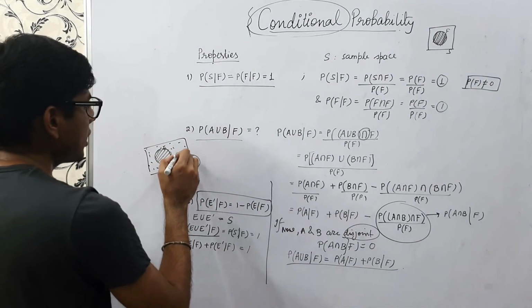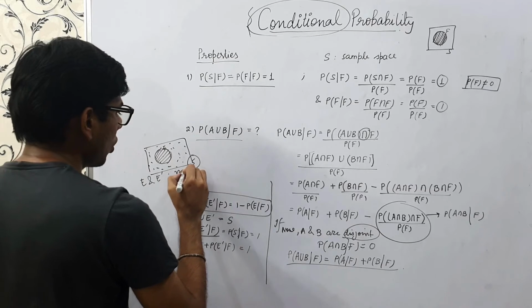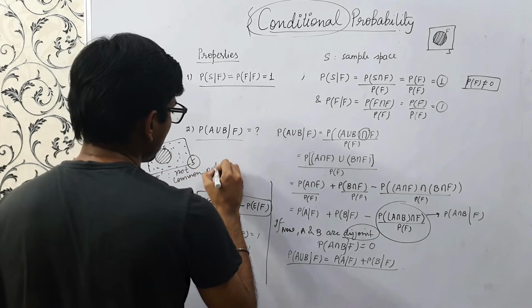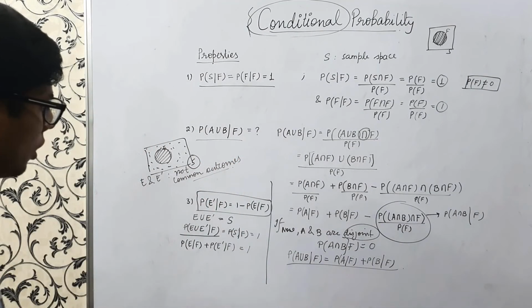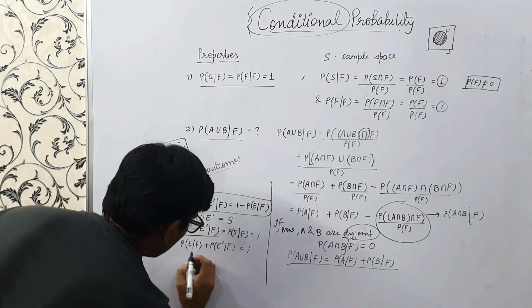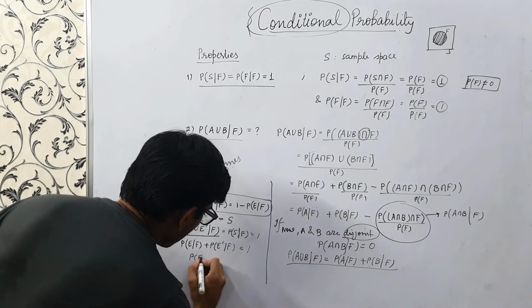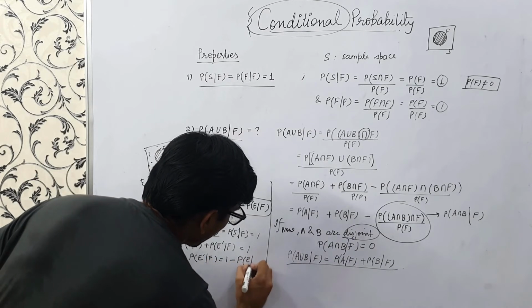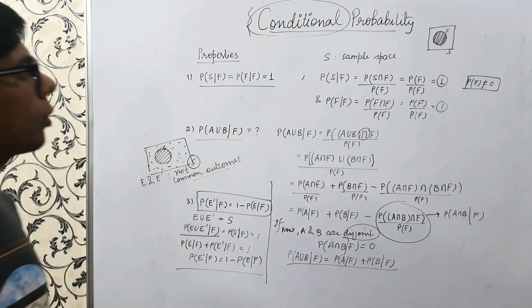E and E dash have nothing in common, no common outcomes. So now we have probability of E dash given F equals 1 minus probability of E given F. So these are some of the properties of conditional probabilities.